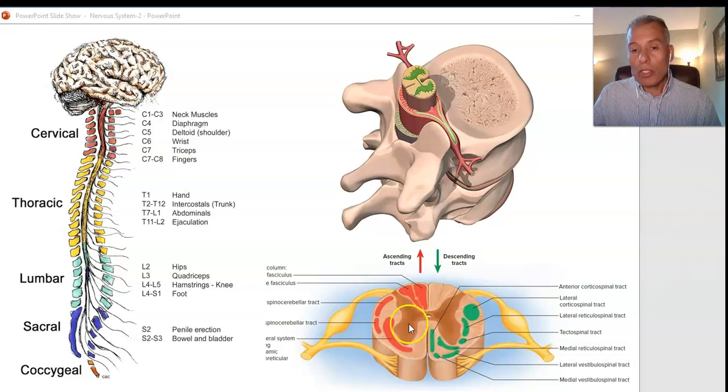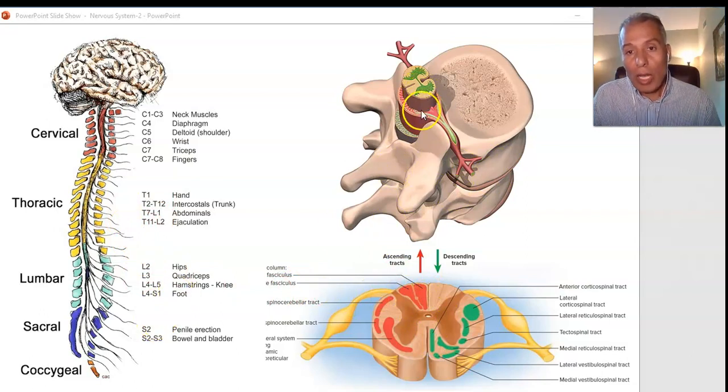The gray matter here is in the center, and it is shaped like an H or like a butterfly. And there are tracts, like the descending motor tracts that bring down motor orders, and the ascending sensory tracts that bring sensation about the lower parts of the body.